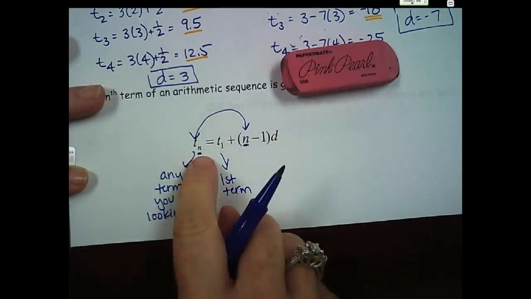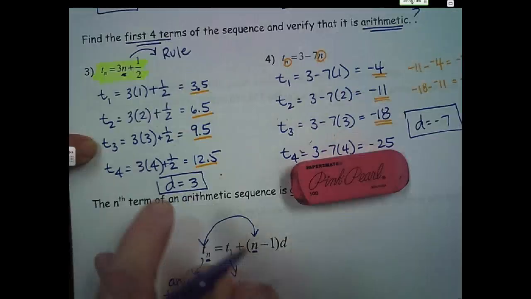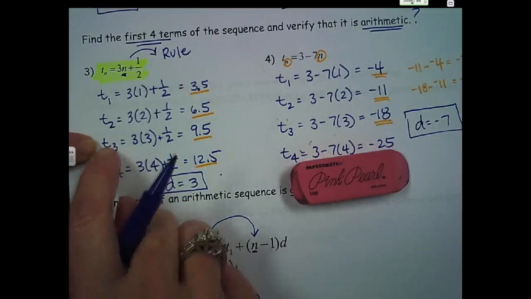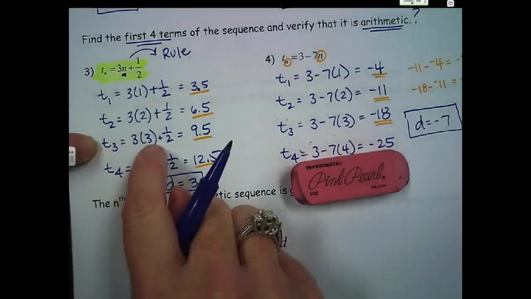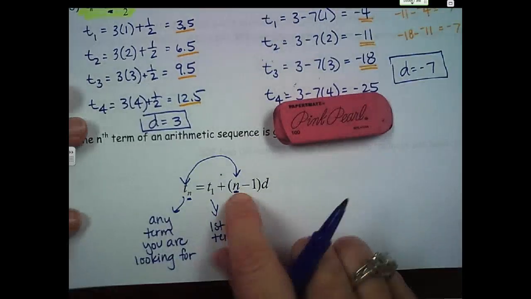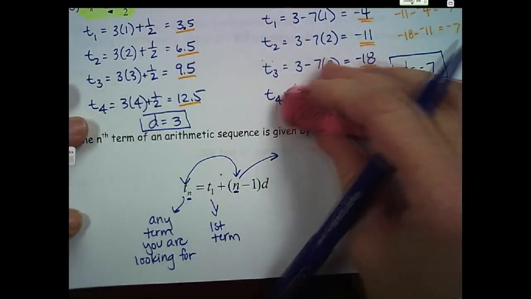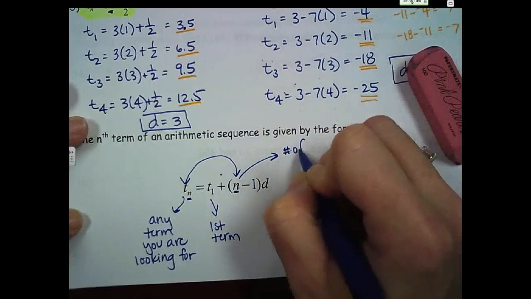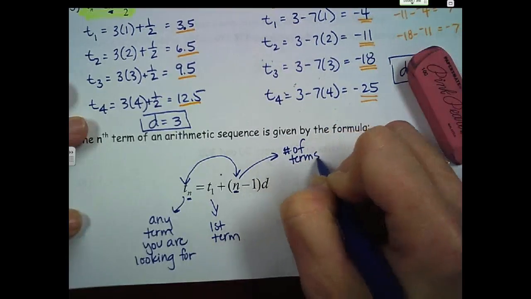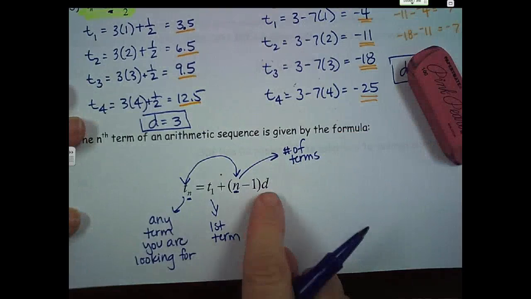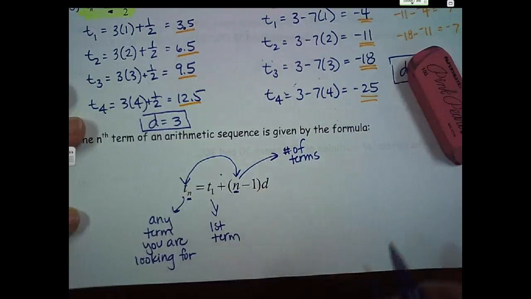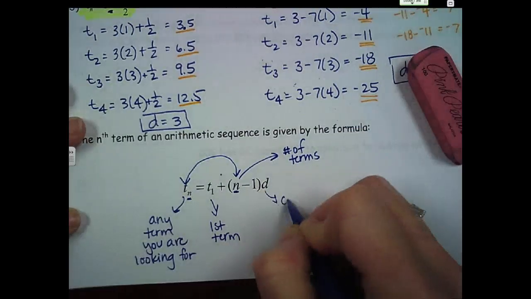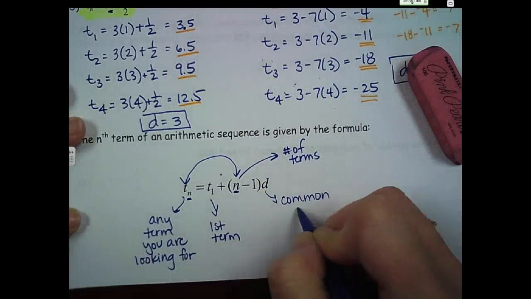It's a sub n. Like we did earlier, if you want to find T sub 3, the third term, you plug in a 3 for n. Do you see how it's kind of the same? So this n stands for the term number. So the number of terms. And what do you think the D stands for? We've already found D plenty. The common what? Common difference, yeah.